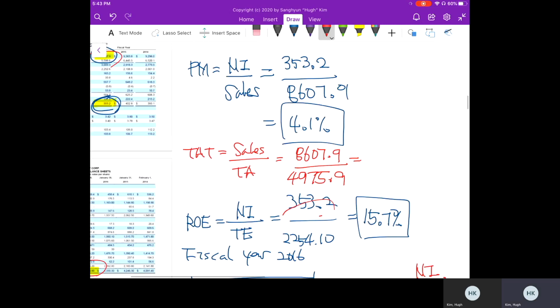I believe this is 1.73. So the total asset turnover ratio is 1.73.